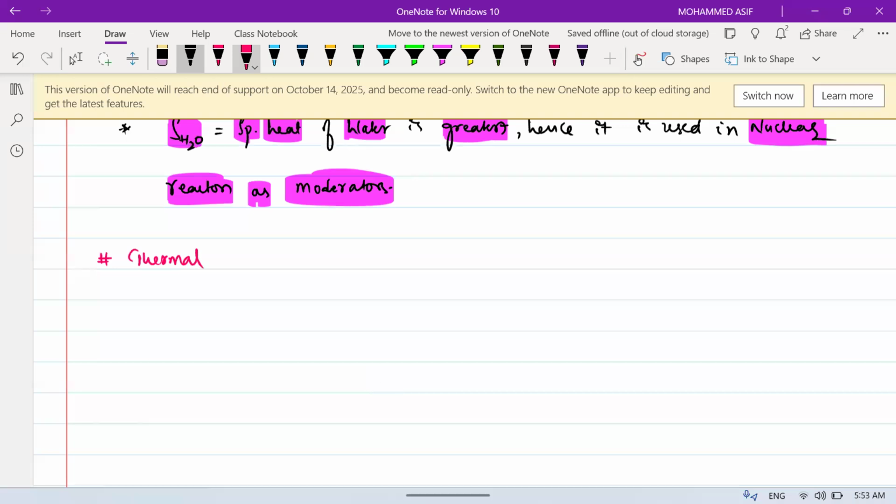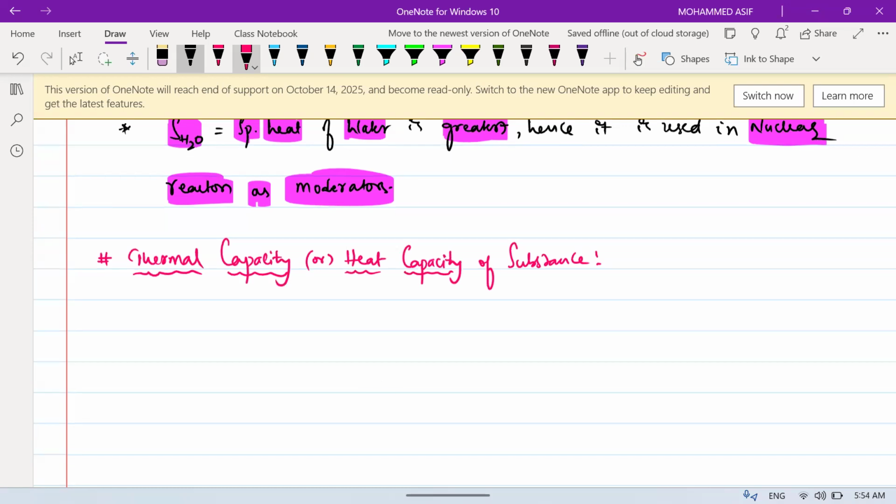Thermal capacity, or the other name for this is heat capacity of a substance. Very important terminology.